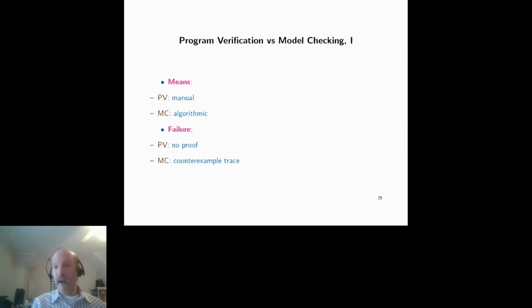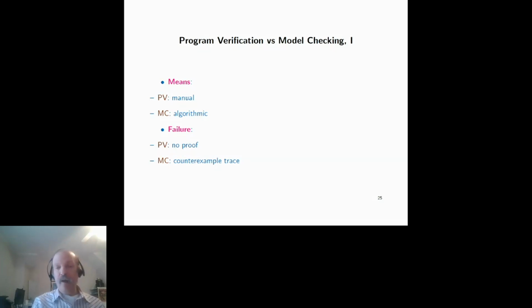Program verification is manual. It is expensive. It is long, slow, and agonizing. Model checking is algorithmic. The skill level that you need from the people who do it is very different. People who do program verification, manual, are usually people with PhDs. People who do model checking are usually engineers. On the other hand, failure.